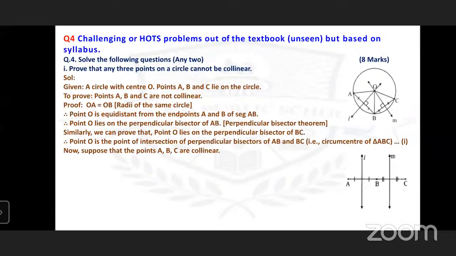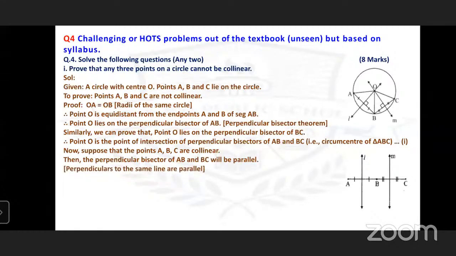See, these two are parallel to each other. But in the above case, these two perpendicular bisectors meet at point O. But here they are parallel, so they never meet. The perpendicular bisectors of AB and BC will be parallel.